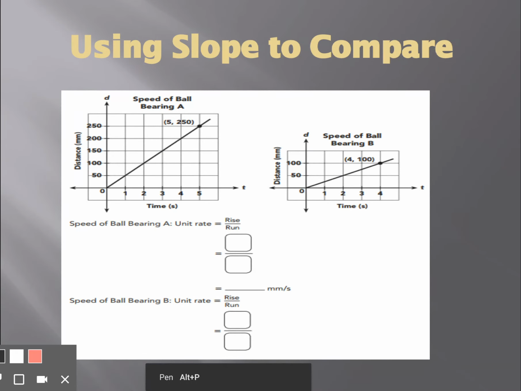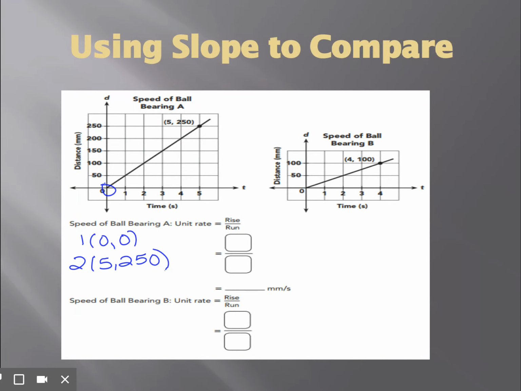All right, so let's try, we have some speed of ball bearings. So we're just comparing here. So we have speed of ball bearing A. I'm going to use my 2 points. Again, 0, 0 is an option. So I'm going to use that as point 1 to make it simple on myself. And point 2 would be 5 and 250. If they label points for you, use those points.